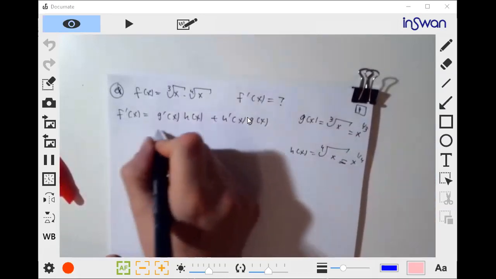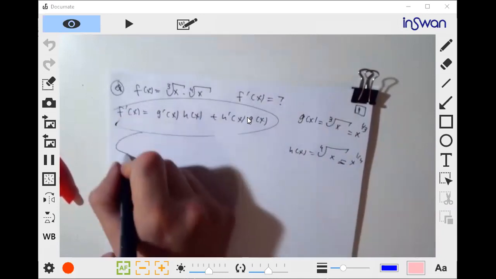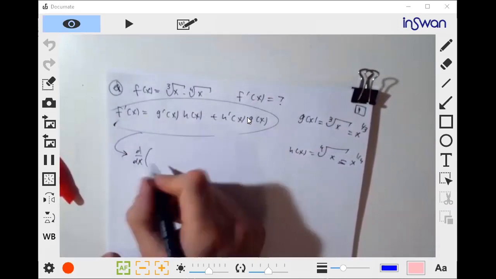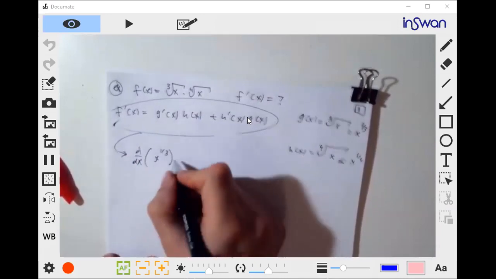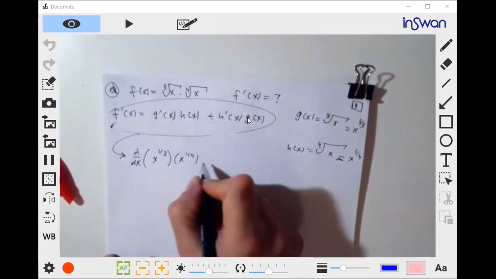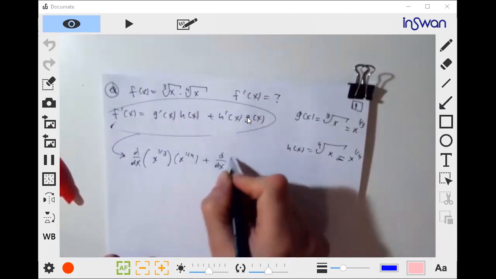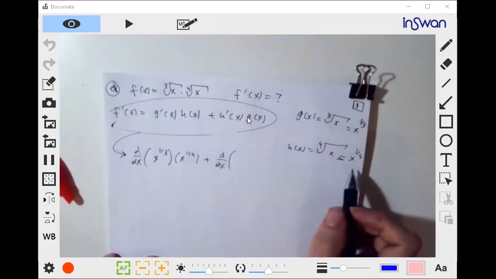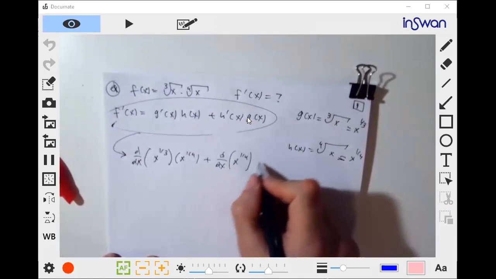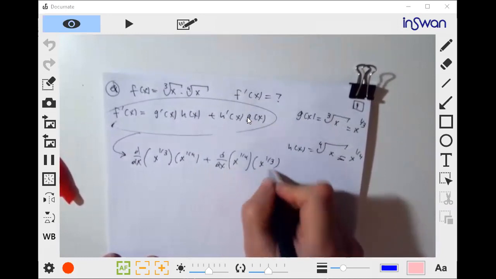So then this right here is the same thing as d dx of our g, which is x to the 1/3, times h of x, which is our x to the 1/4, plus d dx of our h, x to the 1/4, times our g of x, x to the 1/3.